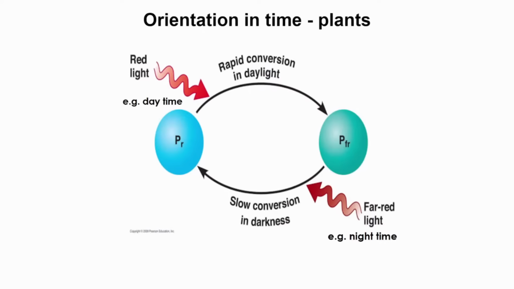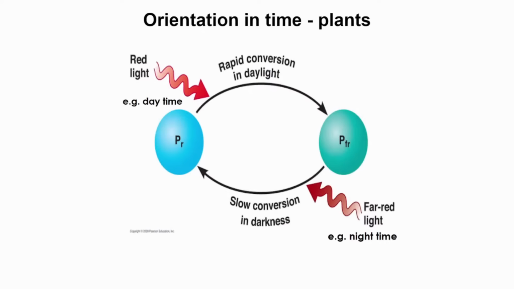So by the time the sun rises again at about maybe 5 in the morning, we still have phytochrome far red left in the cells. And that is going to cause our long day plants to flower, and it's going to stop our short day plants from flowering.